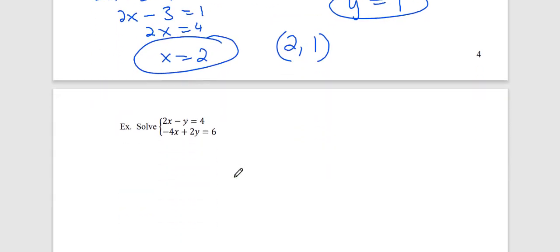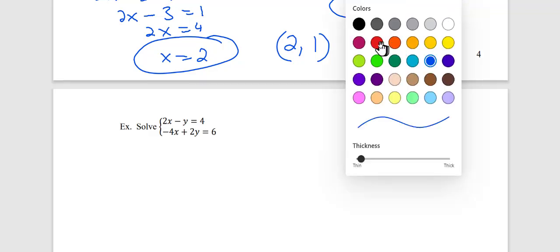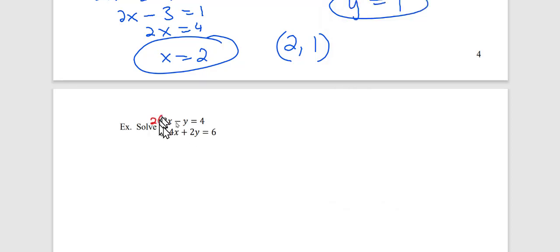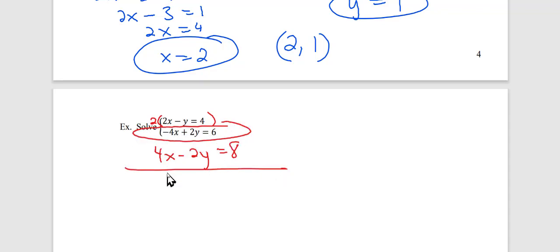Let's do another one. This one is kind of nice in that it already has one of the coefficients on x positive and the other one negative. I'm going to multiply by 2 here so that I can get 4x minus 2y equals 8, and then add it with this equation here. The x's eliminate. Oh, wait a minute.